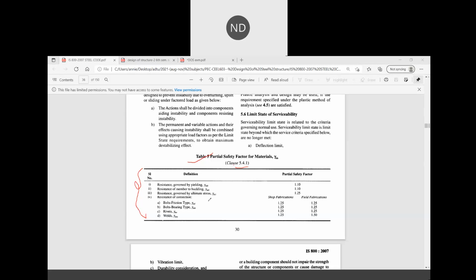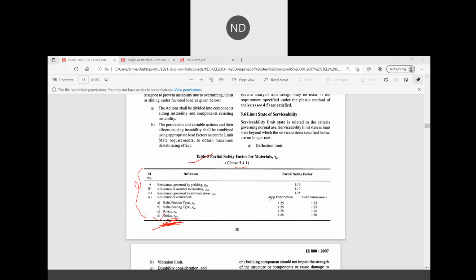These things you will need to know. Now for our welding purpose, the partial safety factor is gamma MW for welds. We are doing welds now, designing the weld portion. So gamma MW is how much?